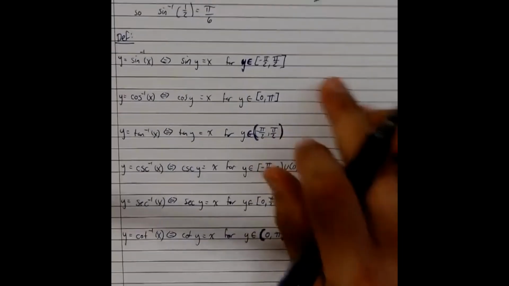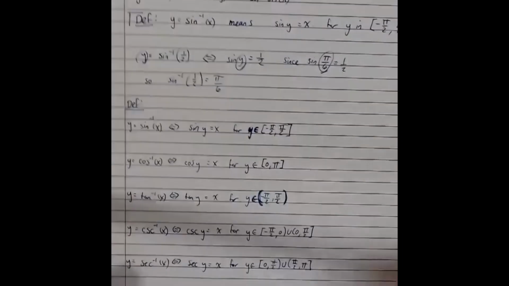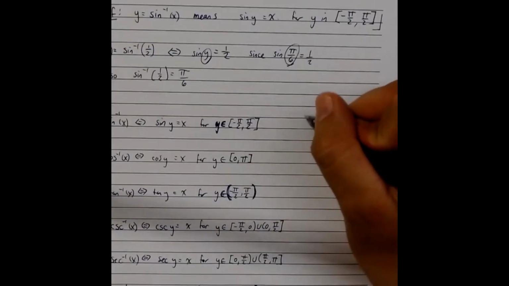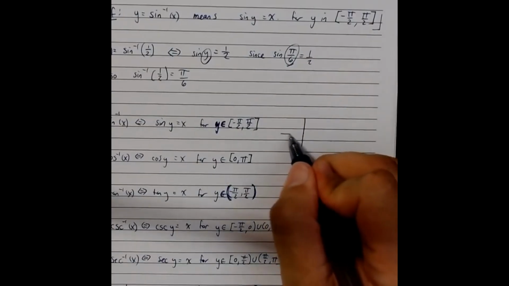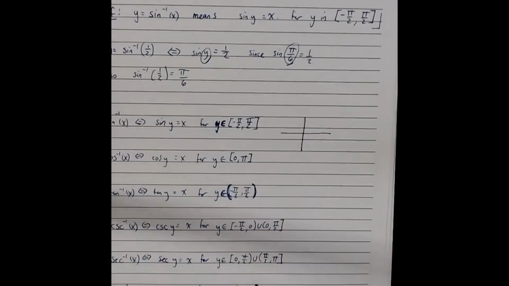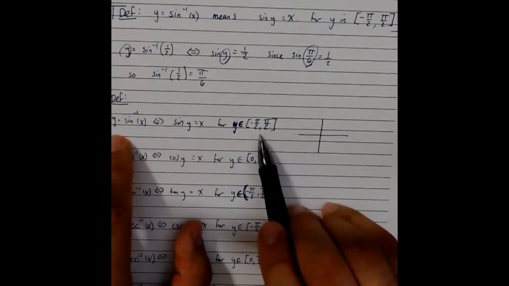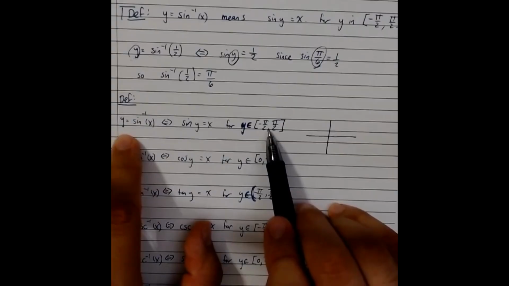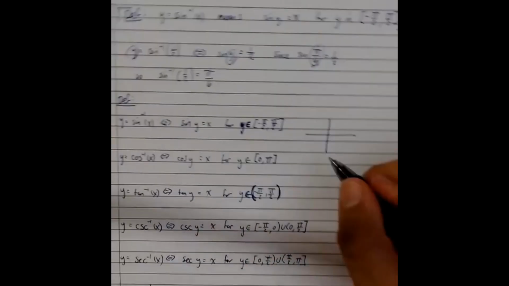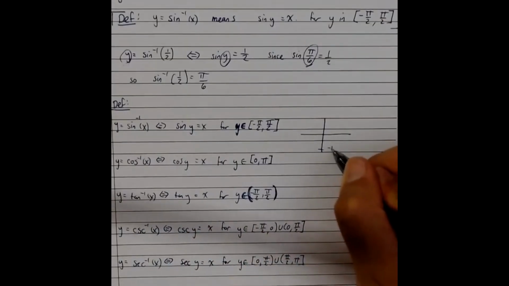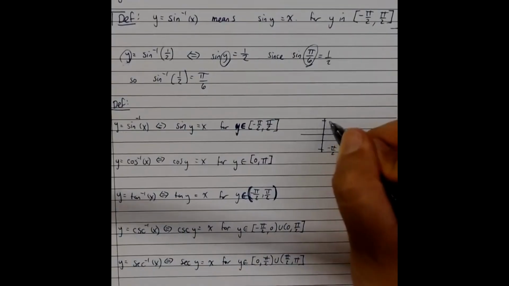The graphs of these functions. Note here we have that the range of your inverse sine function, the y values, are between negative pi over 2 and positive pi over 2. So down here, negative pi over 2, and up here, positive pi over 2.